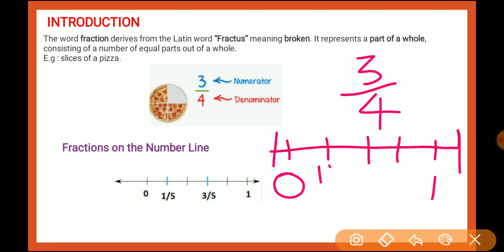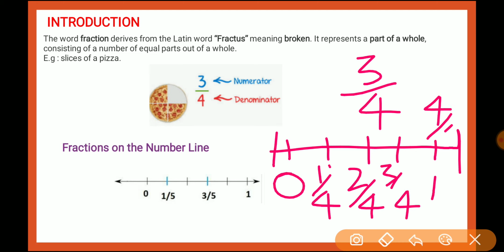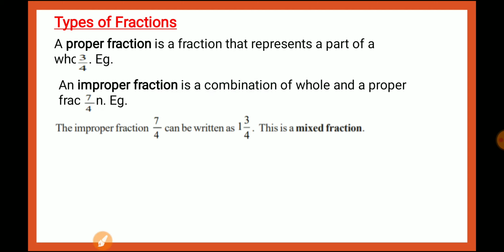So first part will be 1 by 4, second part will be 2 by 4, third part will be 3 by 4, and this one is 4 by 4. Clear? It means this is how you will locate all the fractions on number line, and you all have done this in class 6. Okay, so you know it very well. So now let's see the next slide.